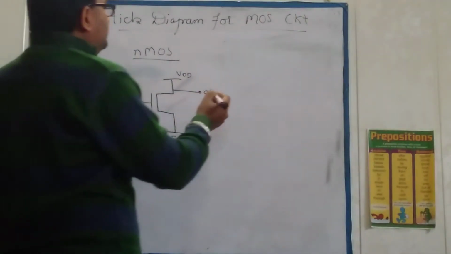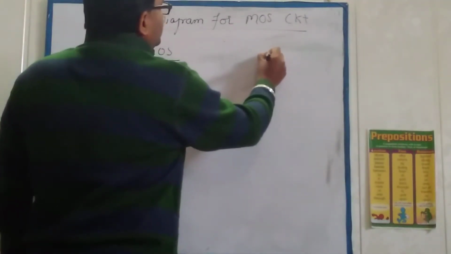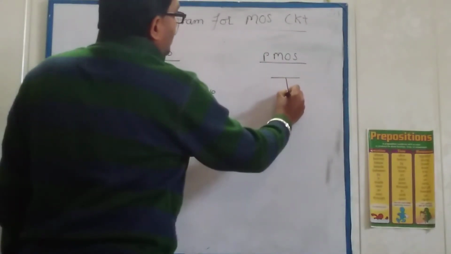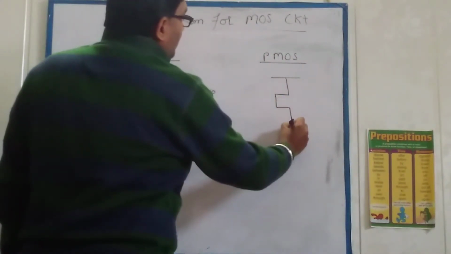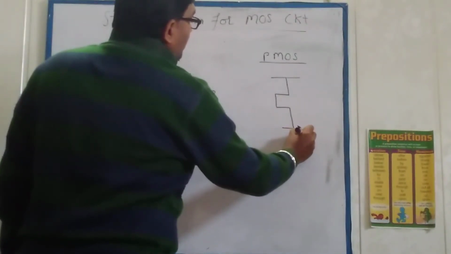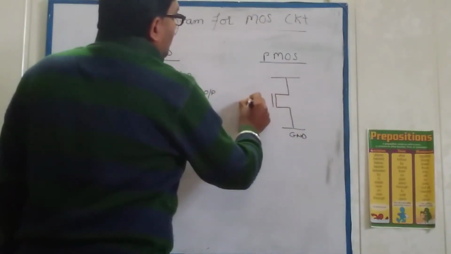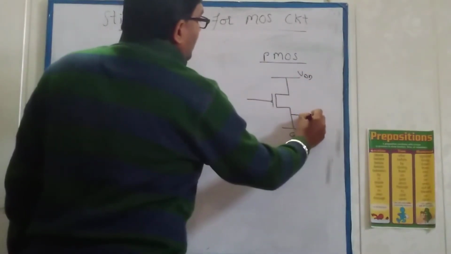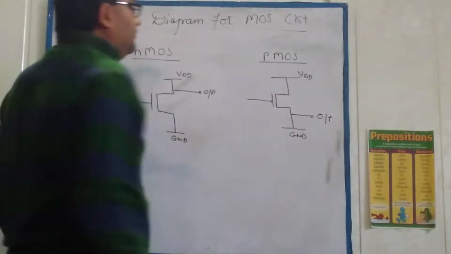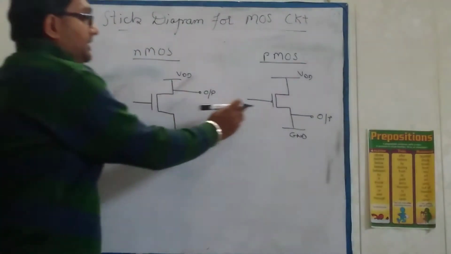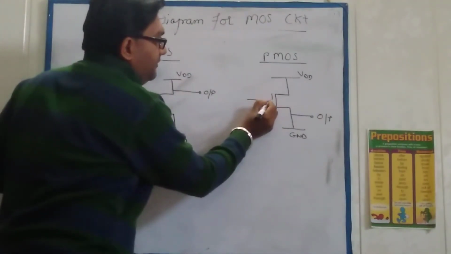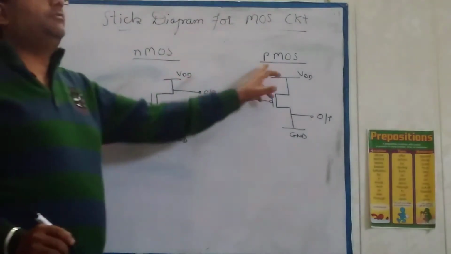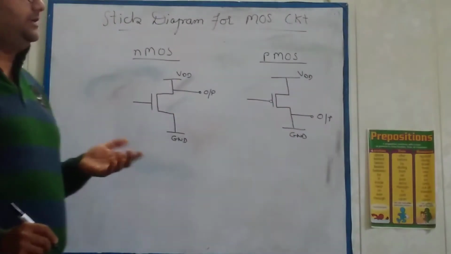Similarly, for PMOS, the output is taken from here. Okay, so now let us see first the difference between the NMOS and the PMOS representation for the inverter.